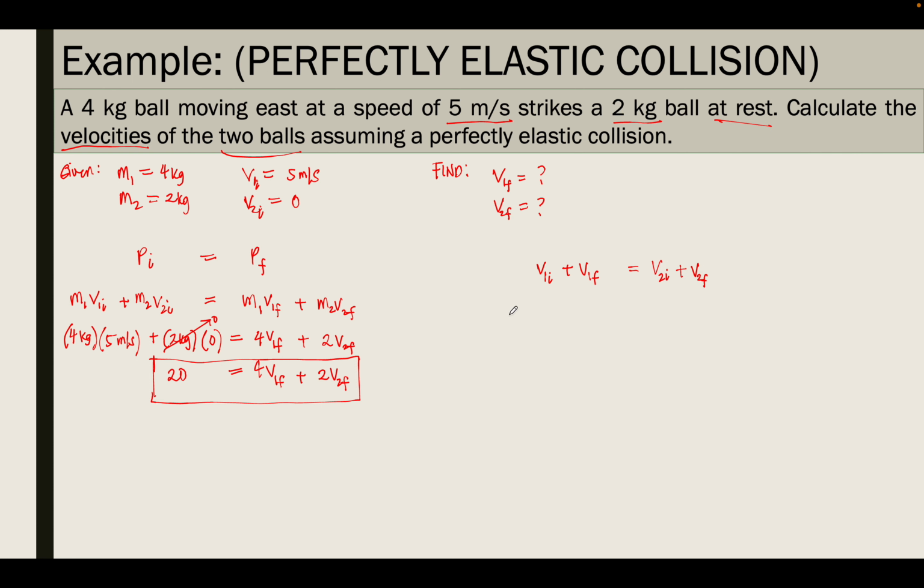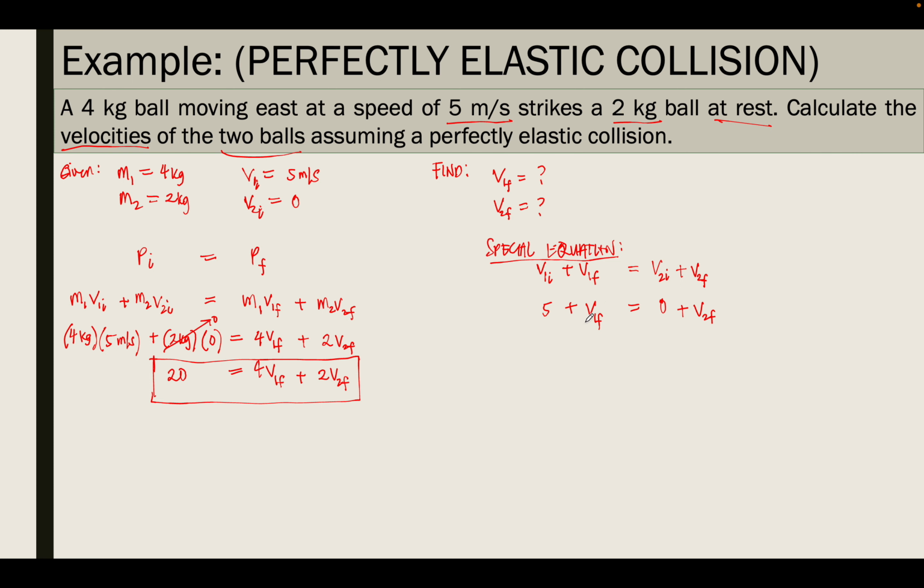So we will be using this special equation, or another equation, for us to be able to solve for V1 final and V2 final. Okay, so our V1 initial is 5 plus our V1 final, which we are about to solve for, is equal to our V2 initial, which is 0, plus V2 final.